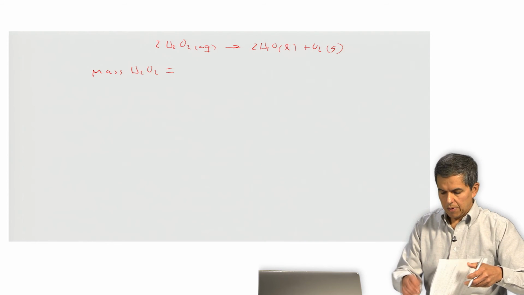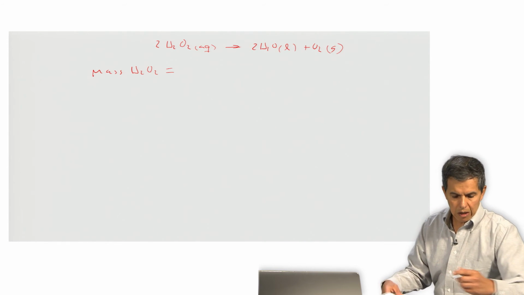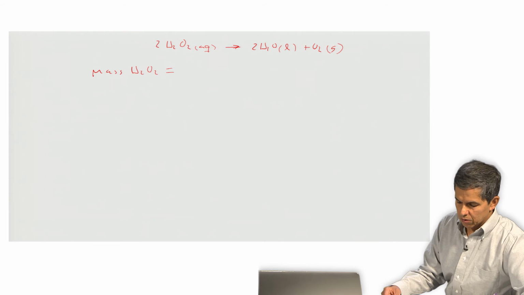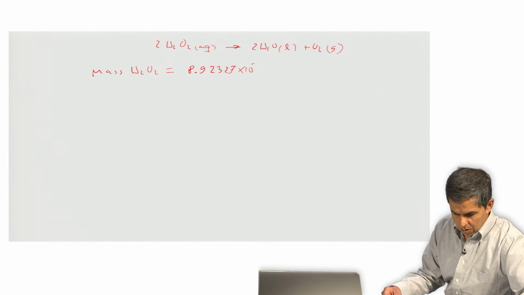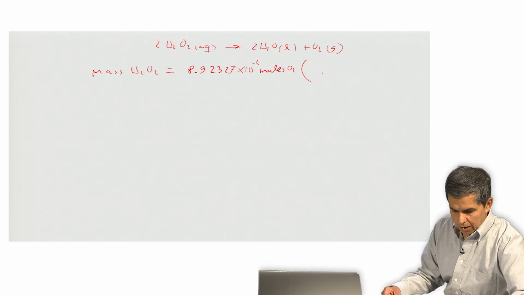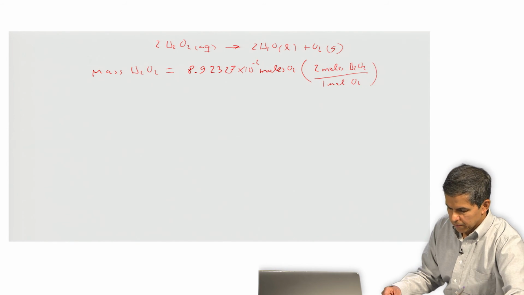So again, if we take into account the stoichiometry of this reaction, we take the number of moles that we calculated for oxygen. We know that based on the reaction, we have 2 moles of H2O2 per 1 mole of oxygen produced.